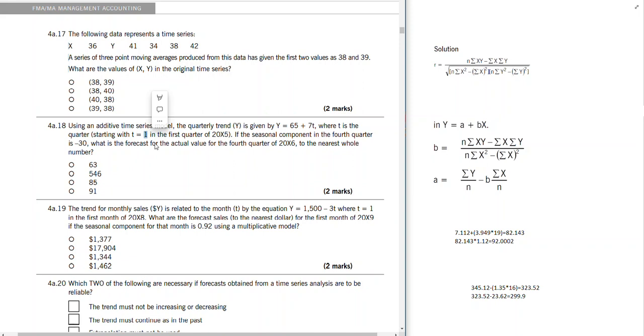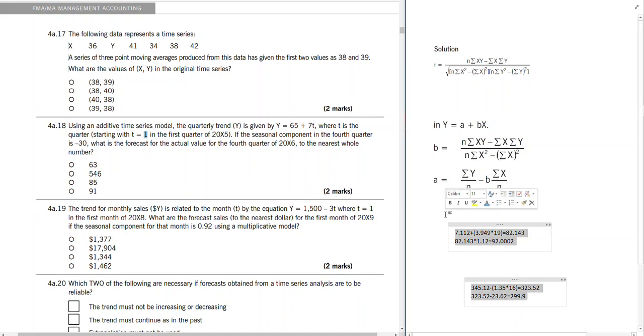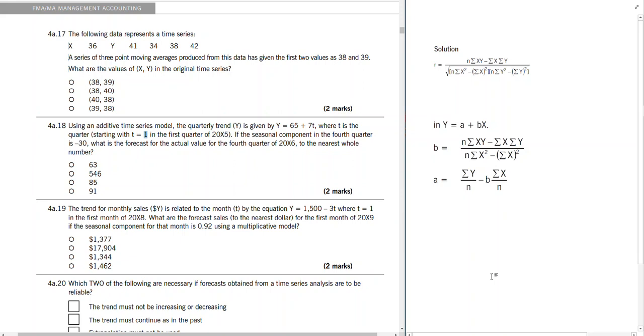Okay, so simple calculations. 65 plus 7, we have 8 quarters. So we would expect 121 to be the average because we have seasonal variation. So we would estimate the answer to be 91.